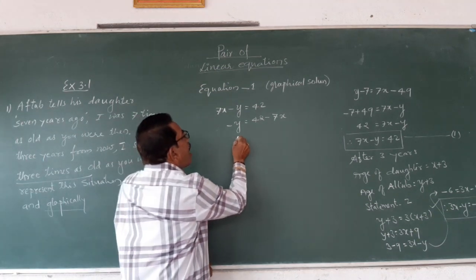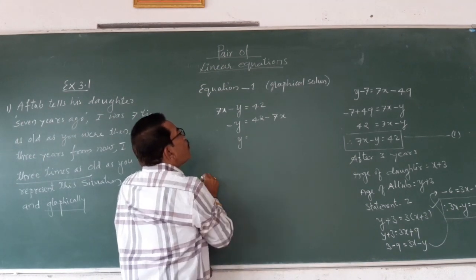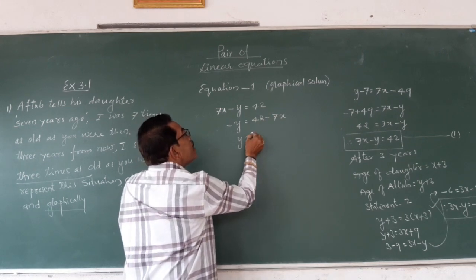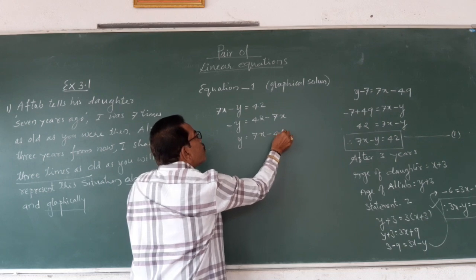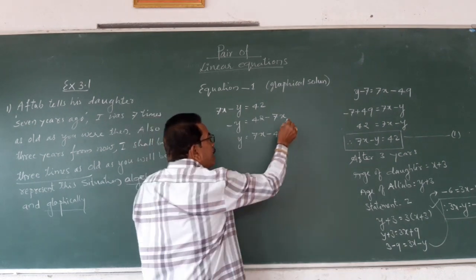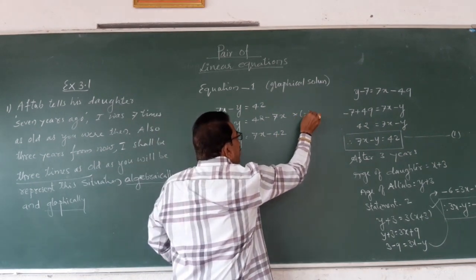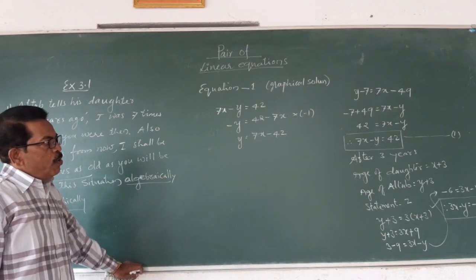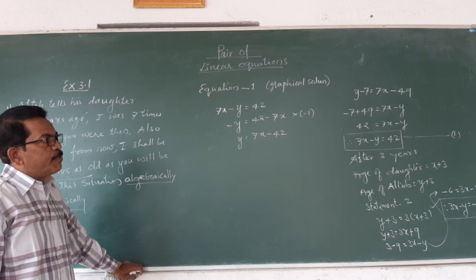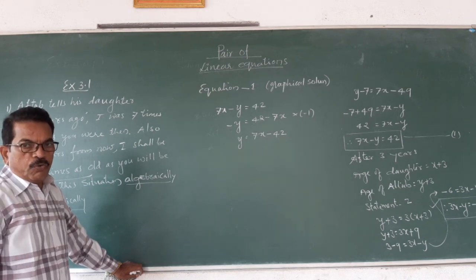Okay. Then y equals, this becomes plus 7x, this one minus 42. What we did? We multiplied it by minus 1. So y equals 7x minus 42.